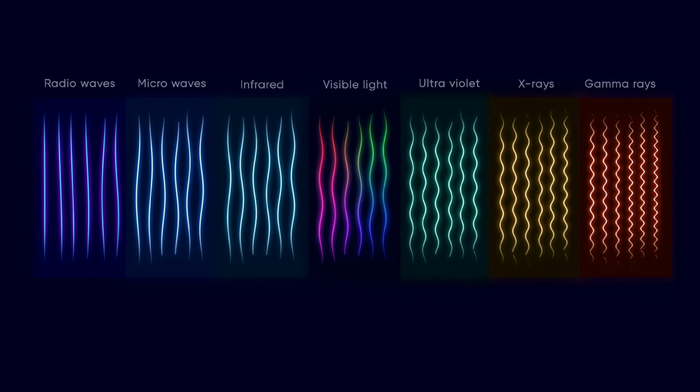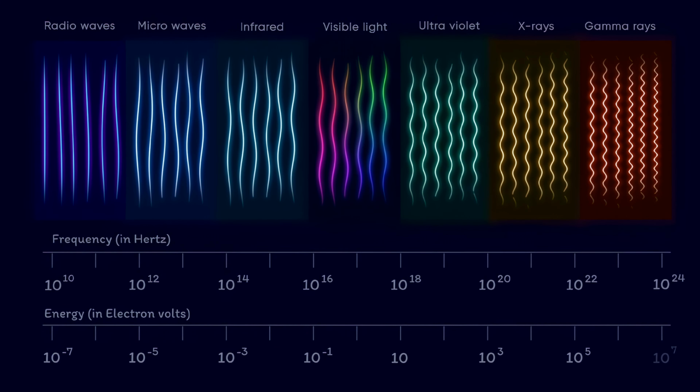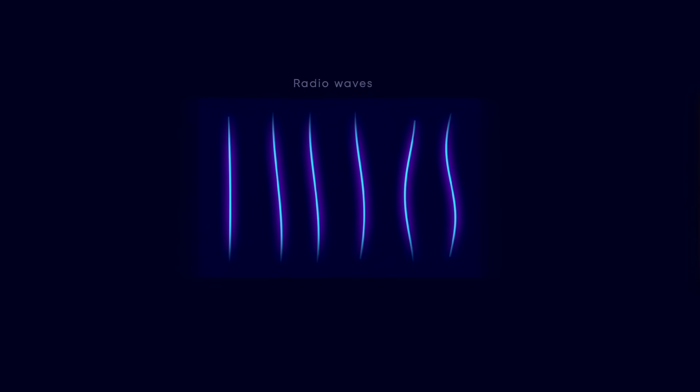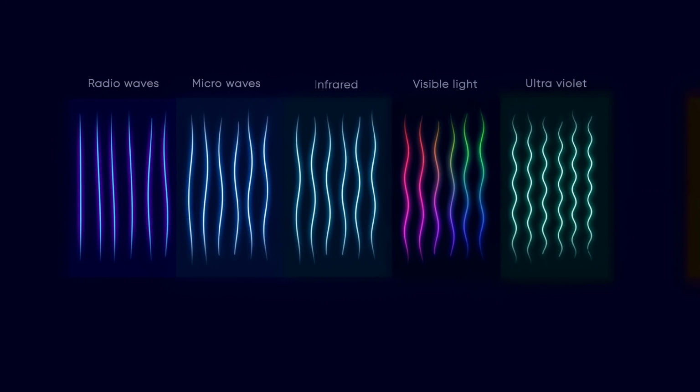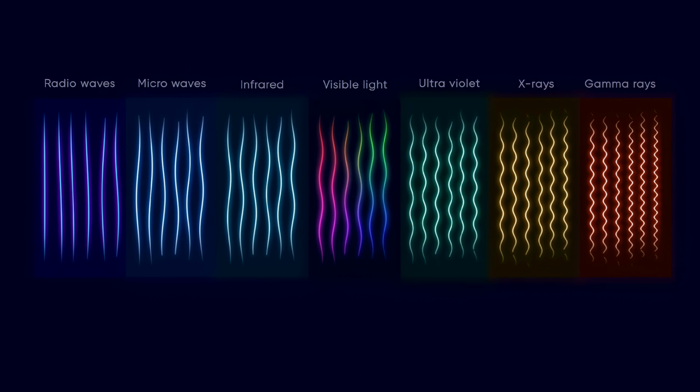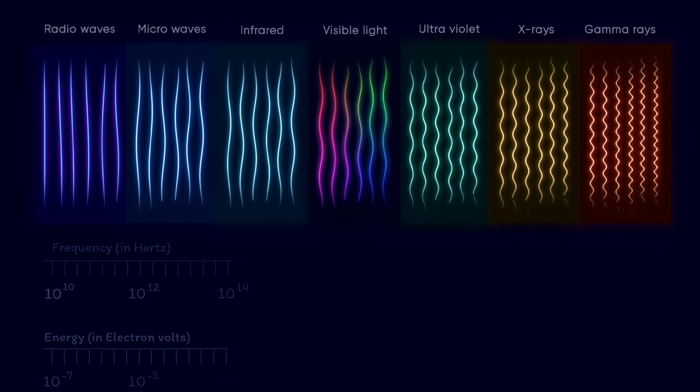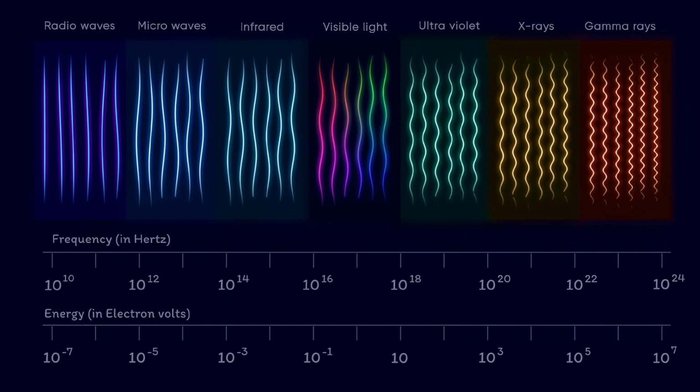At one end, we have long radio waves, then microwaves, then infrared, then visible light, and then ultraviolet light, and then we have the X-rays, and finally the gamma rays. Your remote control uses infrared light.